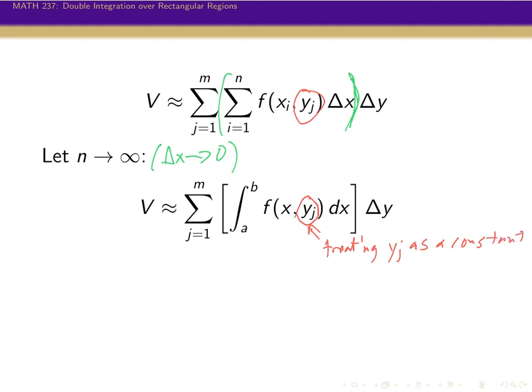And we're integrating in terms of x, right? And so we read this integral as we are integrating x, starting at a and going to b. And in doing this, our variable of integration is x, the yj's are constants. Okay. So then we go through and do this, and if you notice, this is a definite integral.